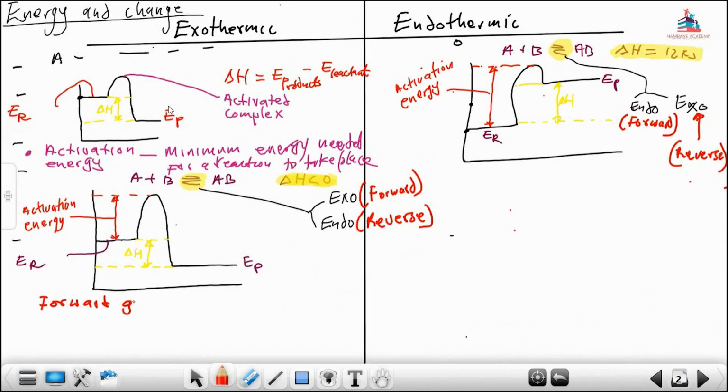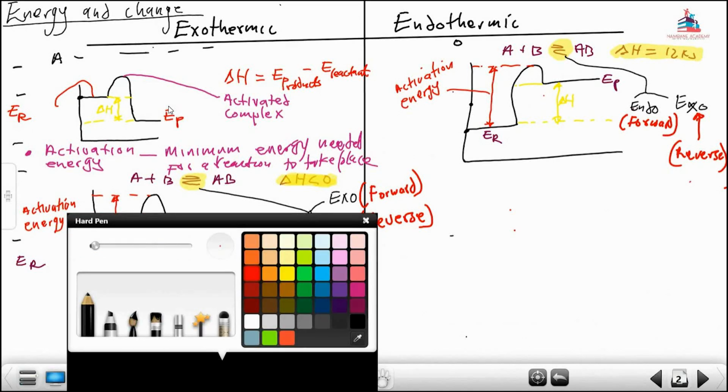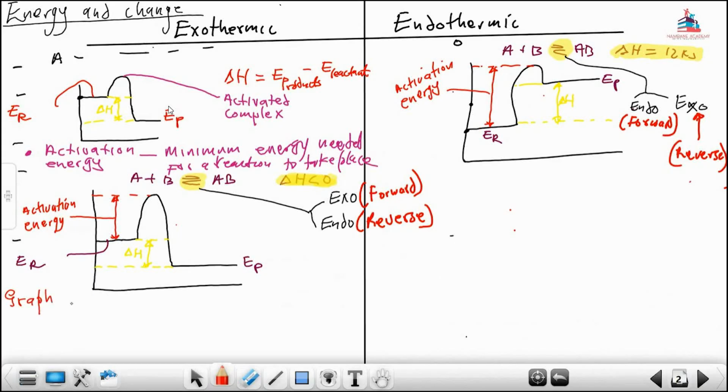The graph given is for the forward reaction. So when I am asked to identify the activation energy for the forward reaction, it's easy because it will be from this point to that point.